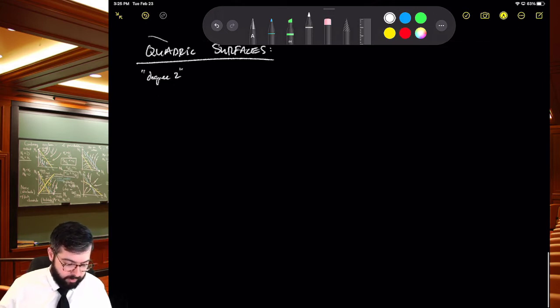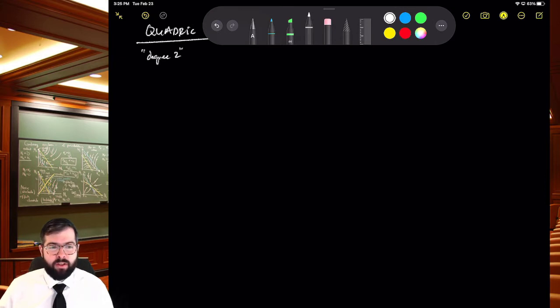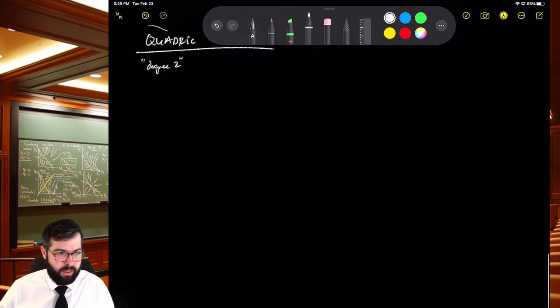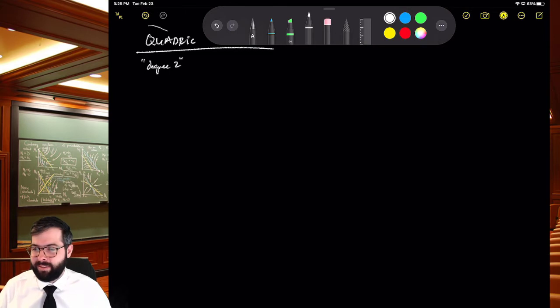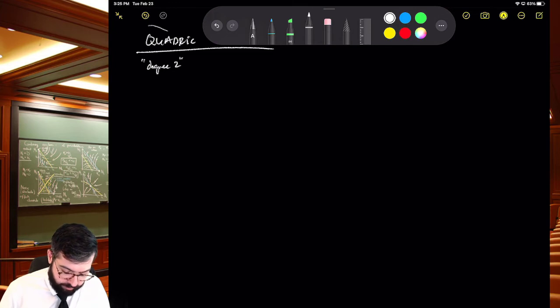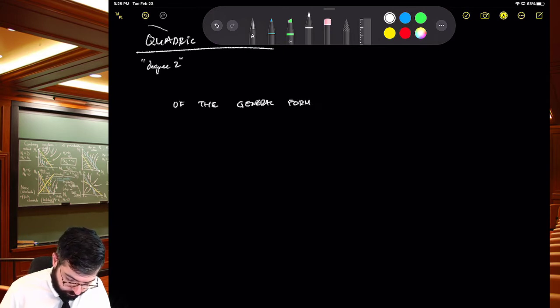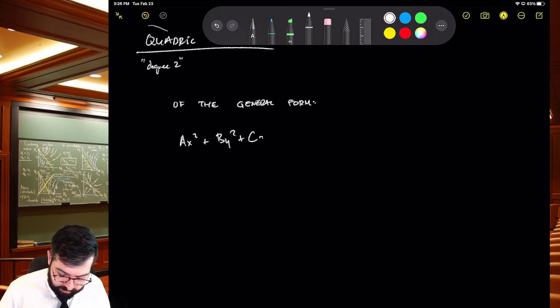So in general, it's all of the things that look like this, and this is going to look intense, but we're only going to play with the nice, perfect versions of this. But it really does extend to anything of the form ax squared plus by squared plus cz squared plus dxy plus exz, nope, I screwed that up, eyz.